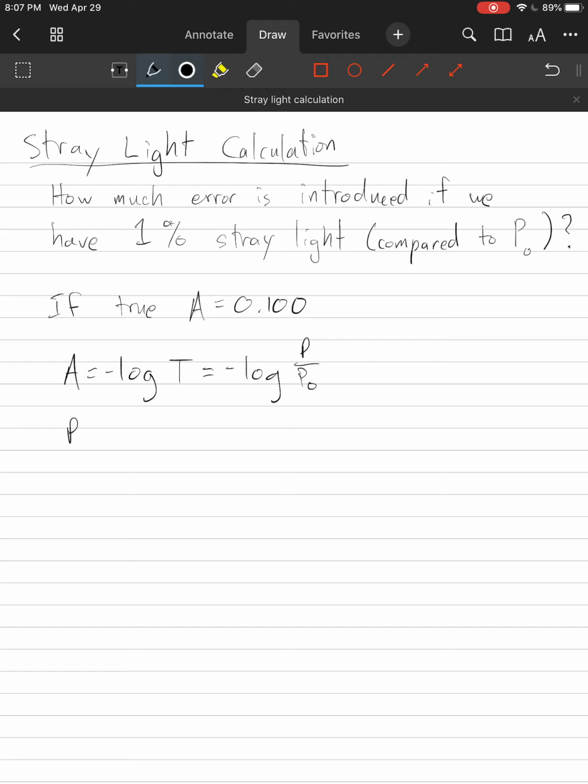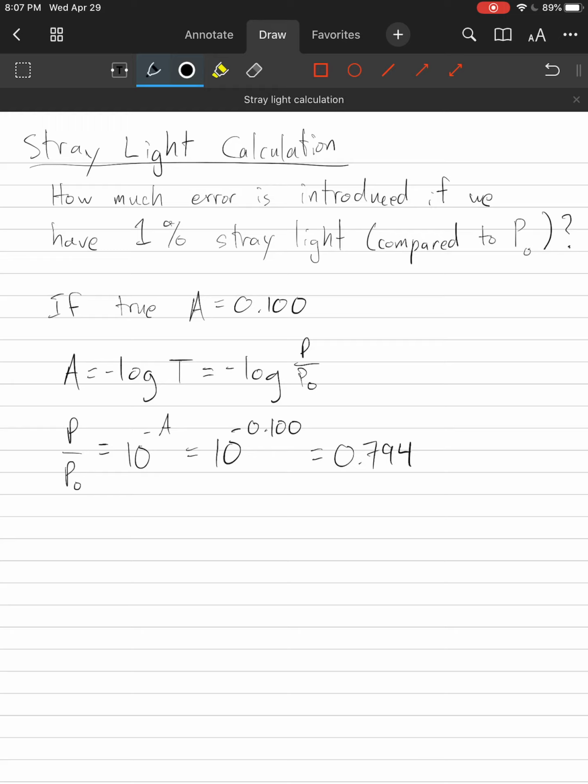So P over P naught is equal to 10 to the negative absorbance. Our actual transmittance, with an absorbance of 0.1, is 10 to the negative 0.1, which is equal to 0.794.